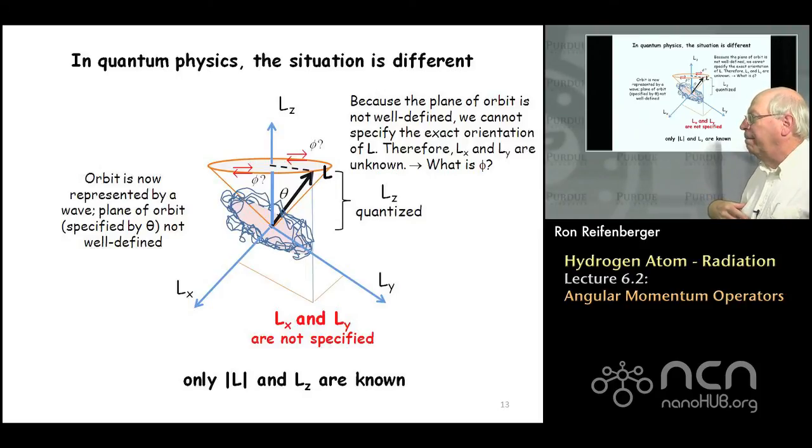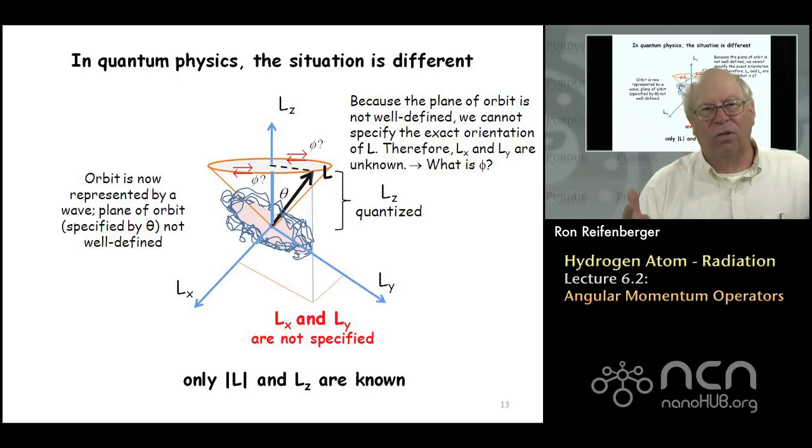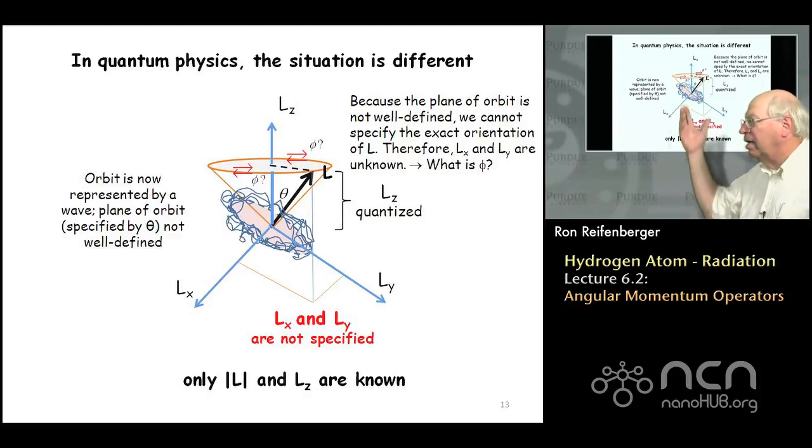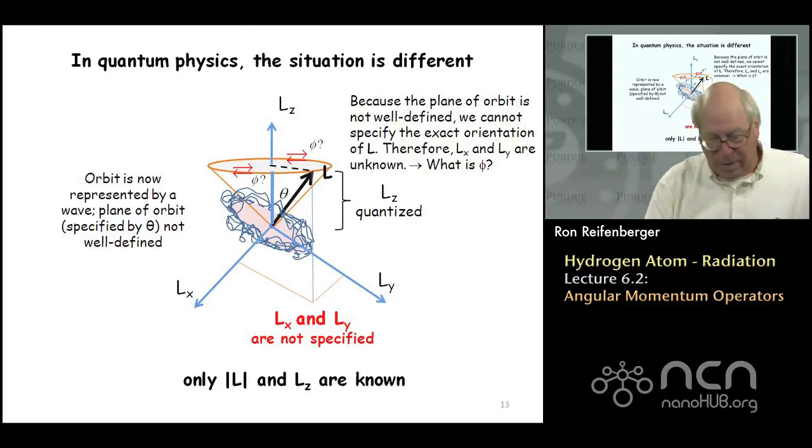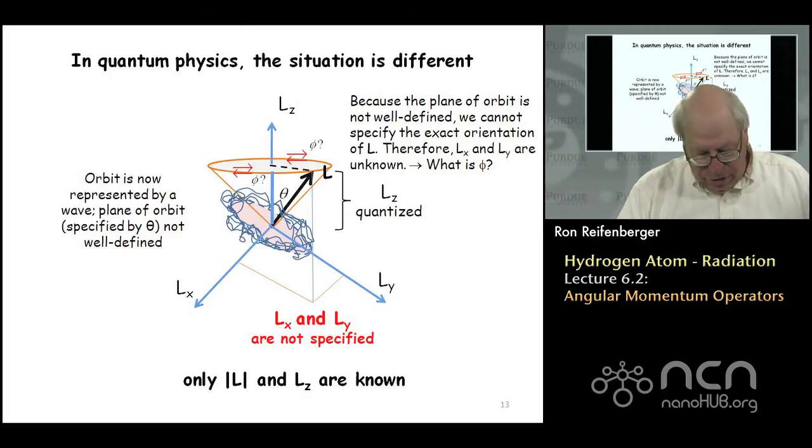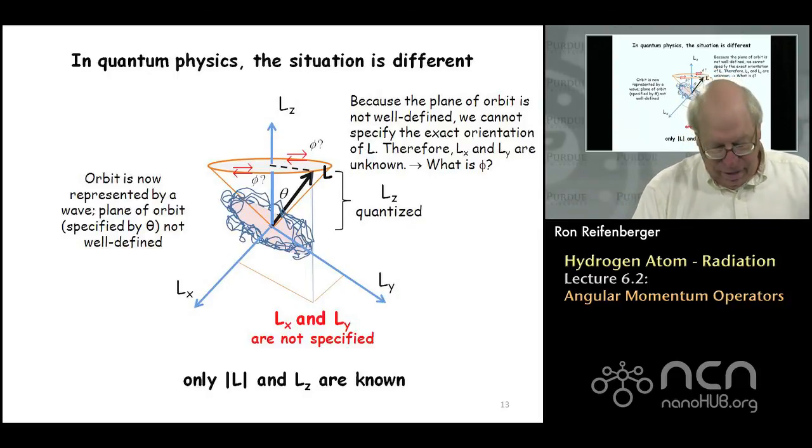So this is an attempt to explain in a hand-waving way why this funny space quantization results in quantum mechanics, and it ultimately comes back to your inability to precisely define the orientation of this orbit simply because the electron is represented as a wave and not a particle. So you have to think about that a little bit.